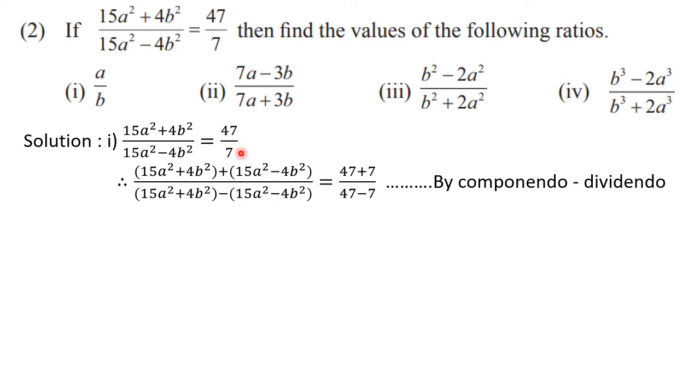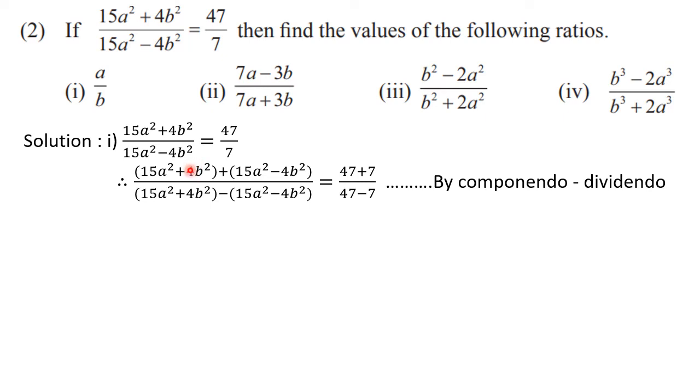Similarly, on the right hand side also we have to go for componendo dividendo. So here we have to write (47 + 7) upon (47 − 7). Now see, 15a² and 15a², they are having same signs. So they will be 2 times 15a². Like x plus x is 2x, here 2 times it is.